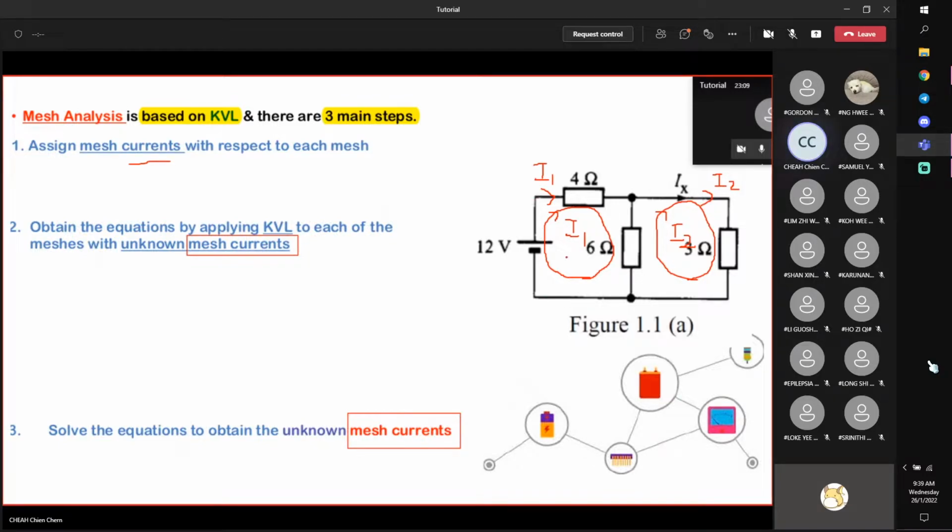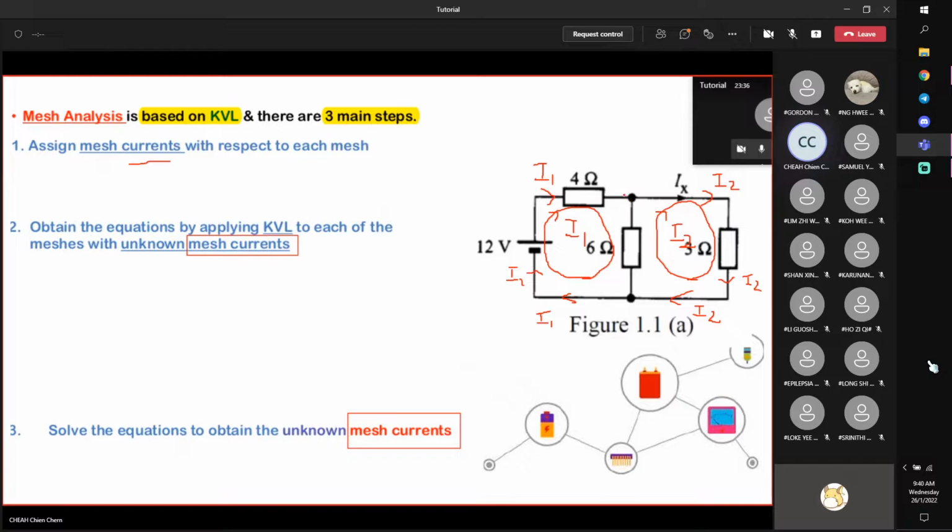Okay, and basically, as far as this branch is concerned, there's only I1. This is also I1. And this is I2. This is also I2. Now, similarly, this is also I2. But at the common branch between the 2 meshes, the current would not be the same.